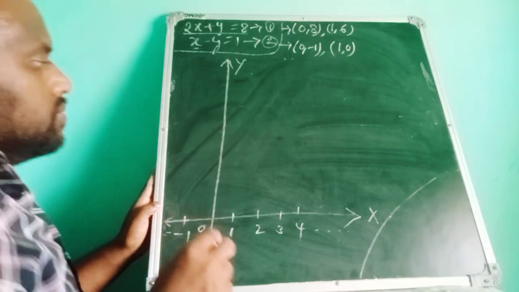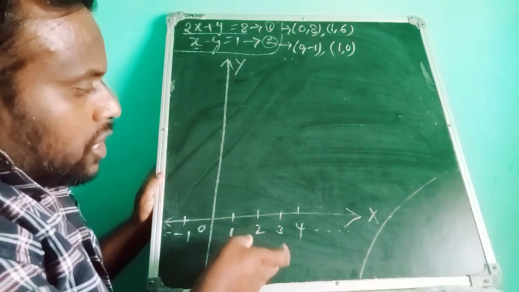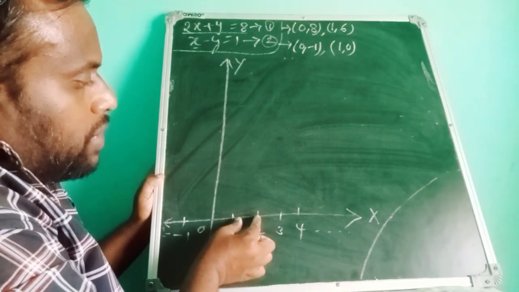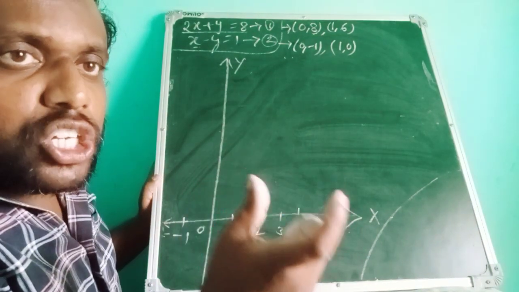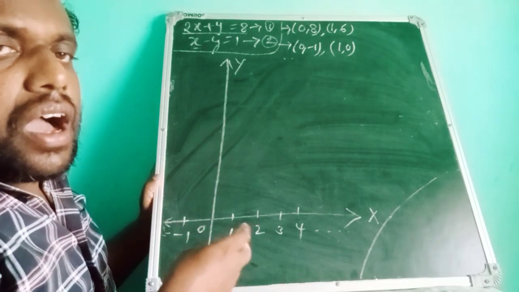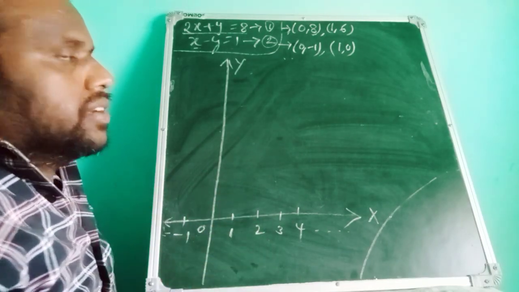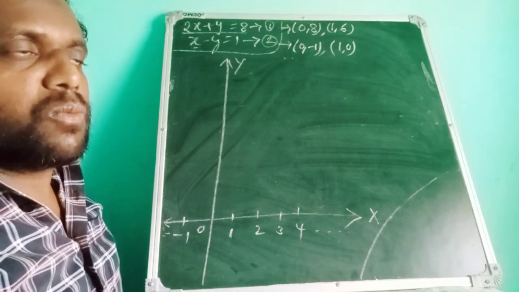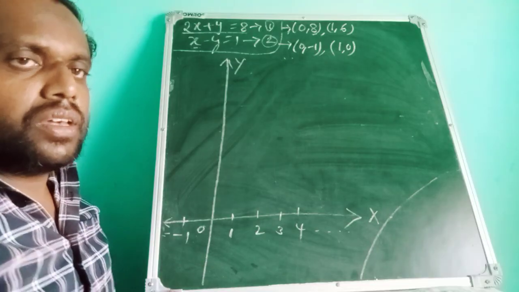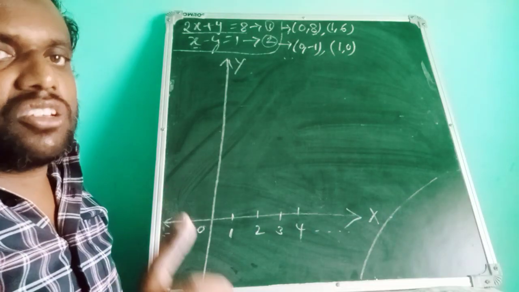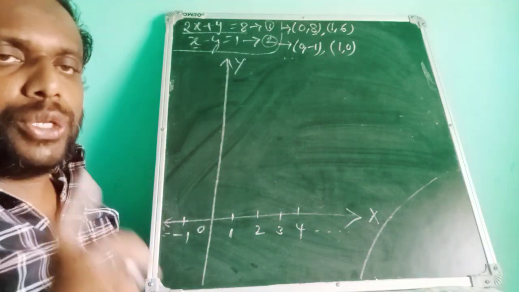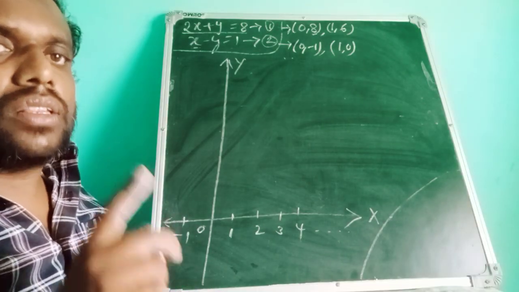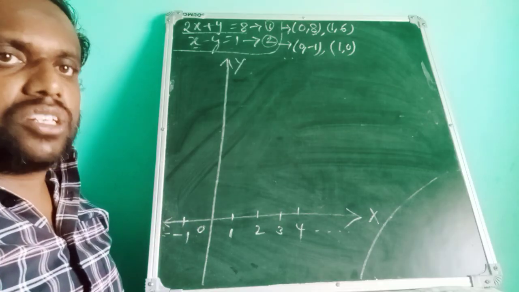See, on the board I am drawing a rough graph, because I cannot draw exactly. Actually this should be exactly 1 unit, this should be exactly 1 unit when you measure using a scale, but on the board drawing exact units is difficult and takes a lot of time. So I will just explain the concept. But while drawing the graph, you must use graph paper. On graph paper, if you draw, you will get the correct answer.